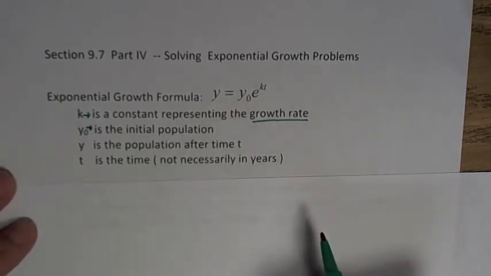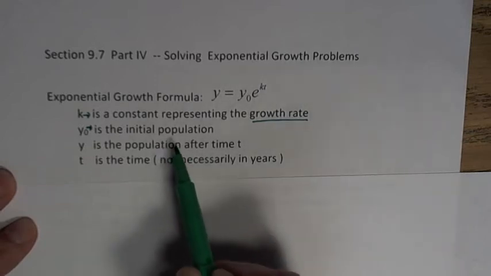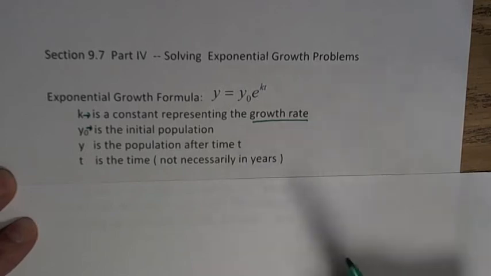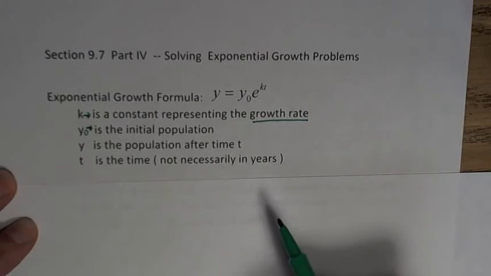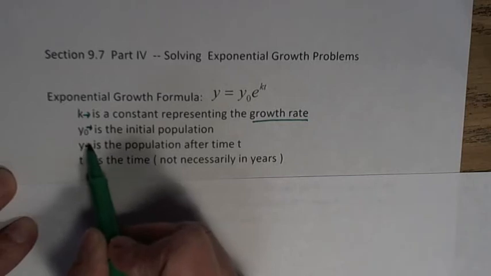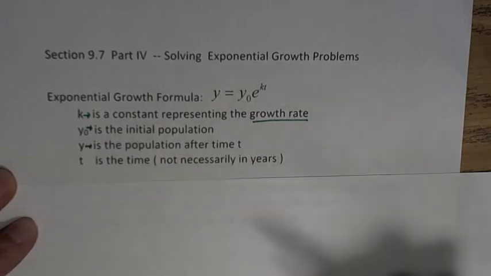That's similar to what we looked at as principal in the money problems. So the initial population is what did we start out with? And we call it a population because often we use these problems when dealing with sizes of different kinds of populations.